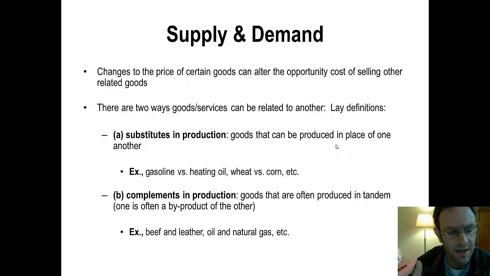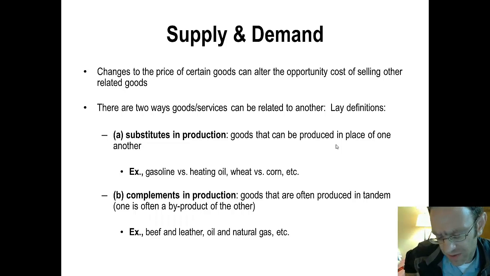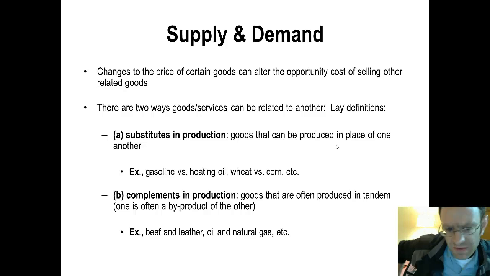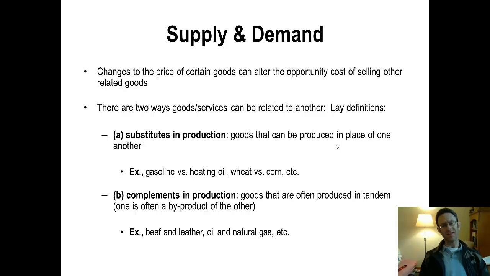These will be substitutes in production. It doesn't take much to exchange production from one type of commodity and move it over to the other. Complements in production, on the other hand, are commodities that can be viewed as being produced together or in tandem. And it's oftentimes useful to think of complements in production where one commodity is the byproduct of another.